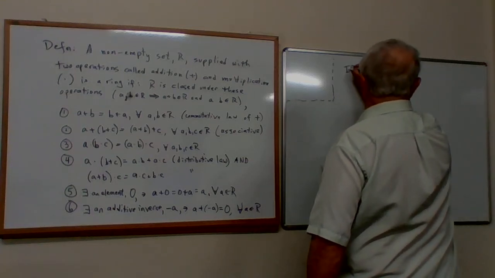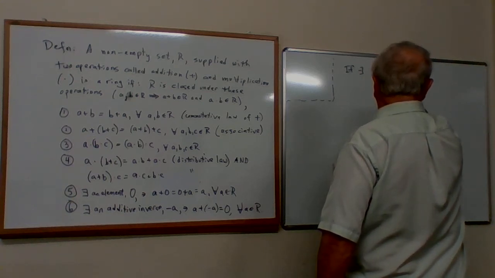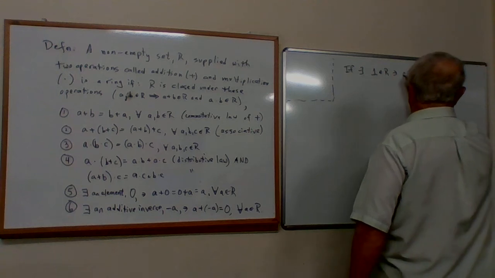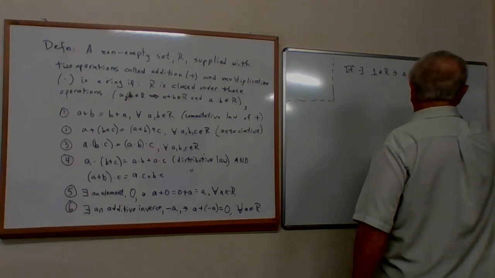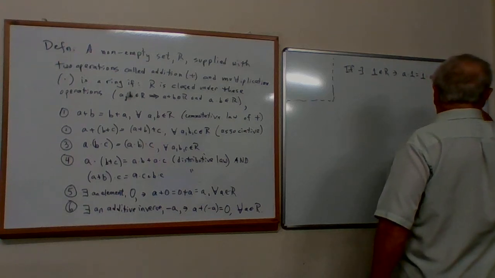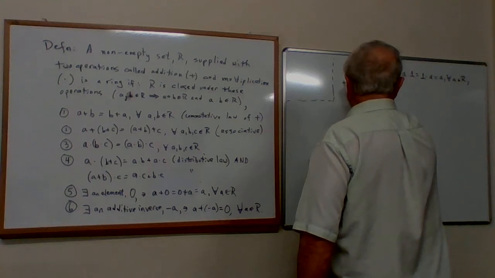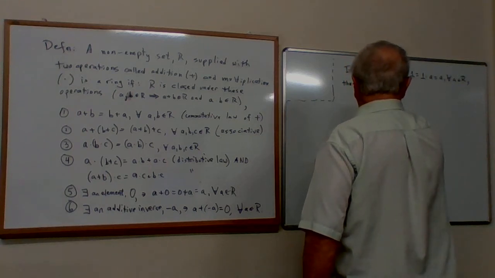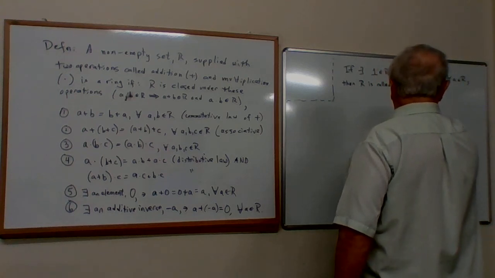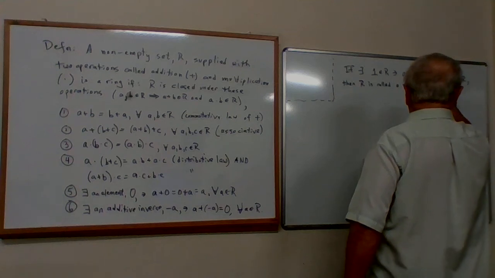If there exists a 1 in R such that A times 1 equals 1 times A equals A for all A in R, then R is called a ring with 1. Big surprise.